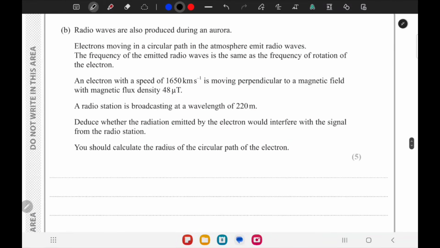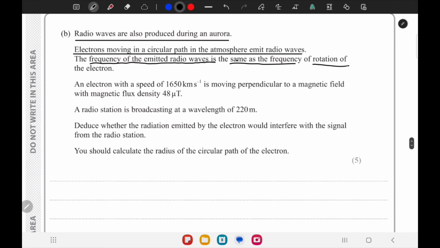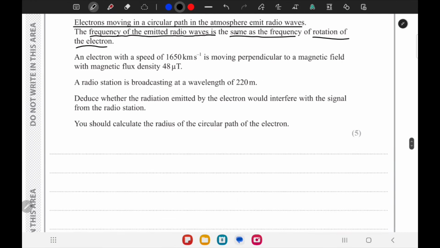Now moving on to part B, we are told that radio waves are also produced during an aurora. Electrons moving in a circular path in the atmosphere emit radio waves. The frequency of the emitted radio waves is the same as the frequency of rotation of the electron.